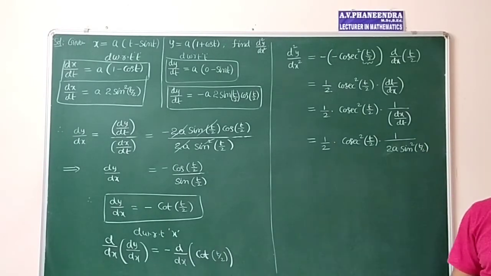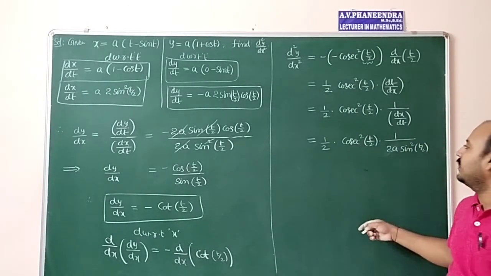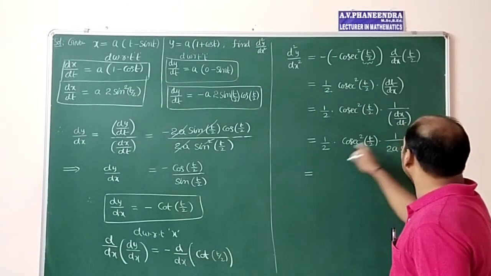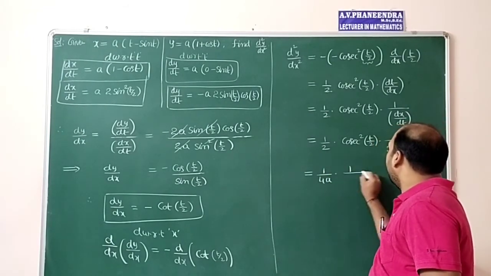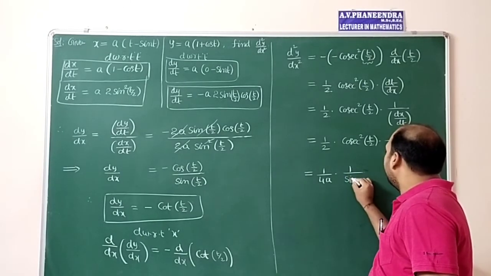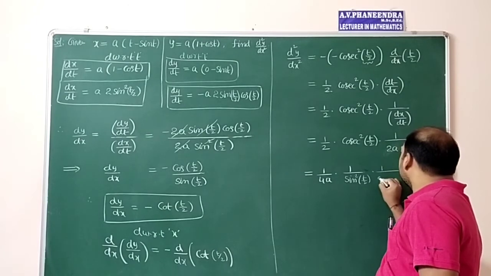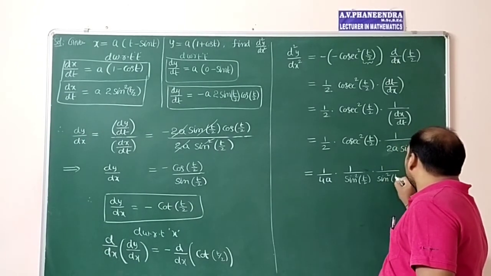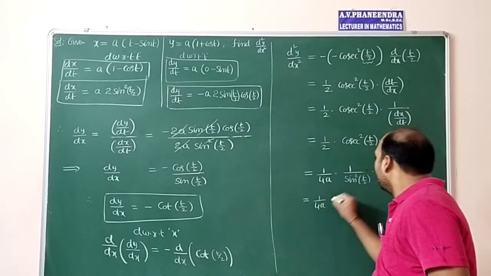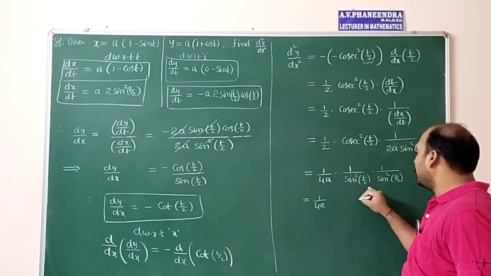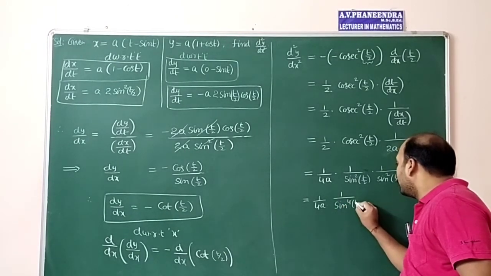If you want to write all the terms in terms of sine, you can write this in terms of sine, which is equal to 1 by 2 into 1 by 2a, that is 1 by 4a, into 1 by sine square t by 2, into 1 by sine square t by 2, which is 1 by 4a into 1 by sine power 4 t by 2.